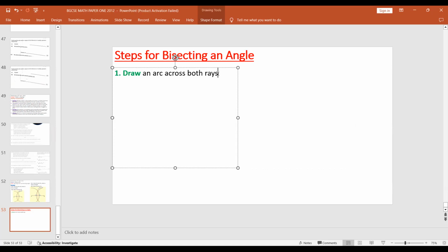So you want to open the compass to any width and place the point of the compass at the angle's vertex.